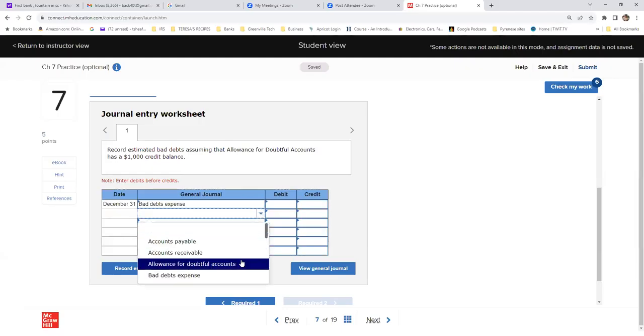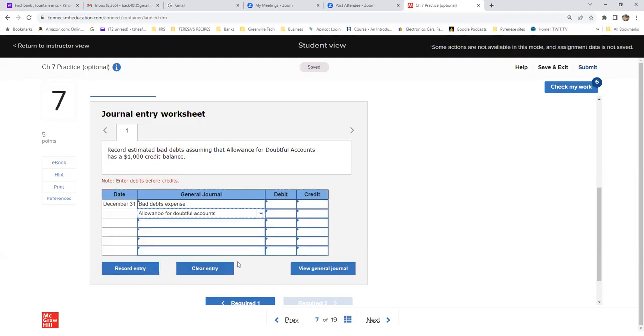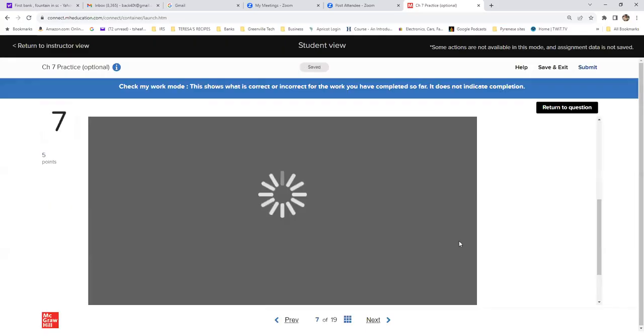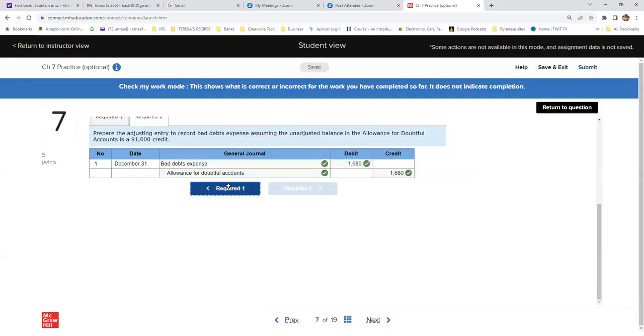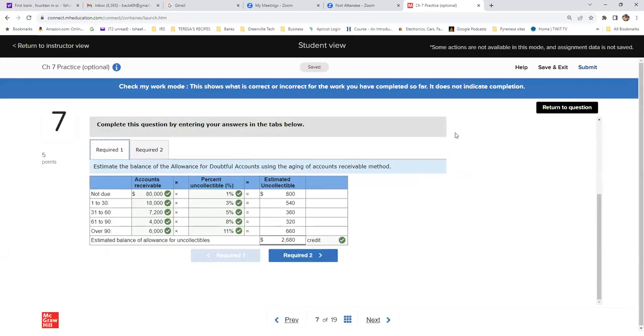And next, allowance for doubtful accounts. The amount for each is, gotta read my writing here, 1,680. Let's check our work. We're all correct all the way through.